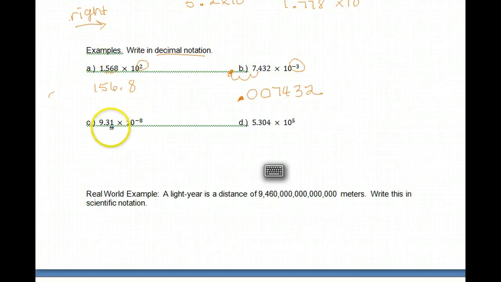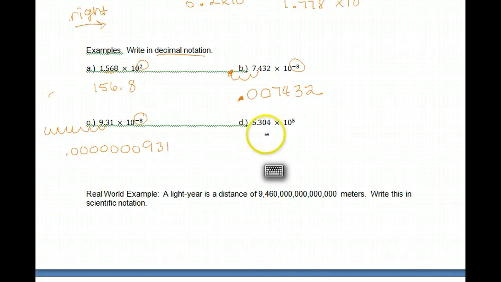For letter C, you should have recognized that that is a negative exponent, so you wanted to pick that decimal up and move it 8 places. So we have 2, 3, 4, 5, 6, 7, 8. So we need to fill those loops in with zeros. So I need to have 1, 2, 3, 4, 5, 6, 7 zeros, and then my 9, 3, 1.